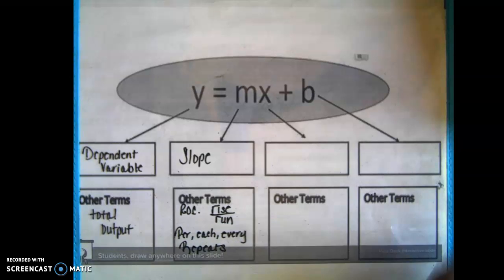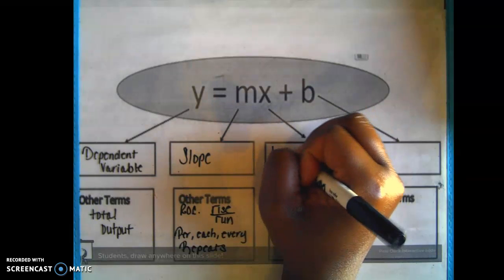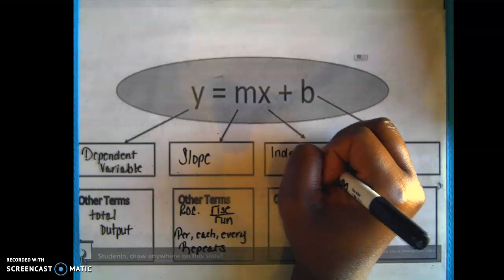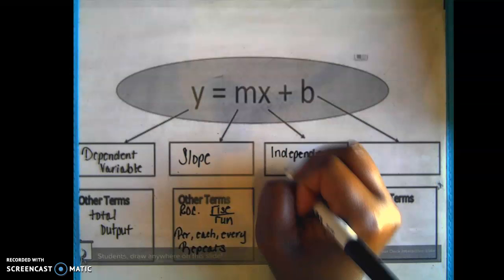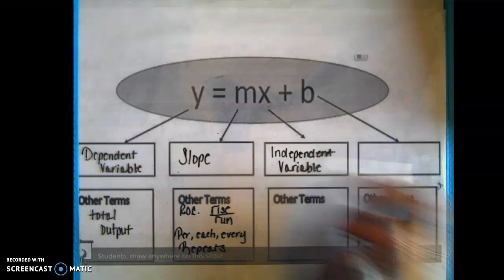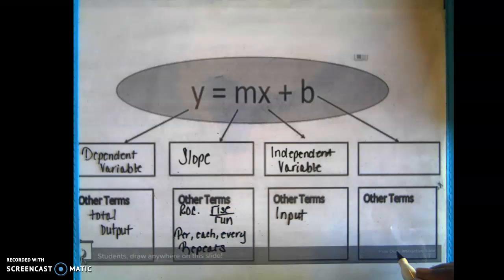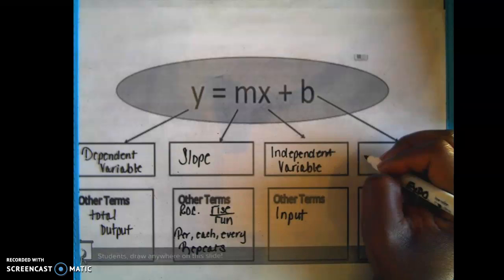Next, X is our independent variable. It's also known as our input. B is our y-intercept.